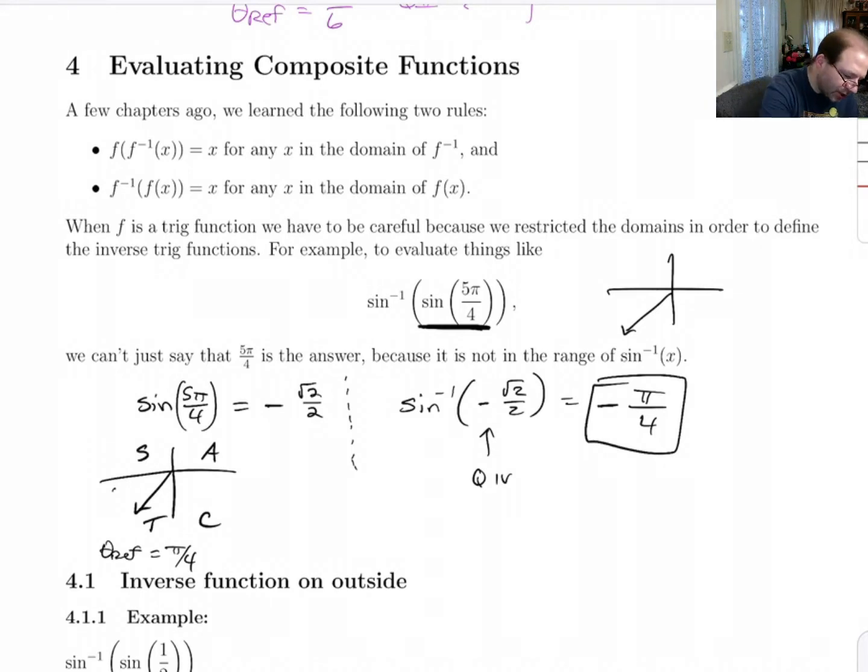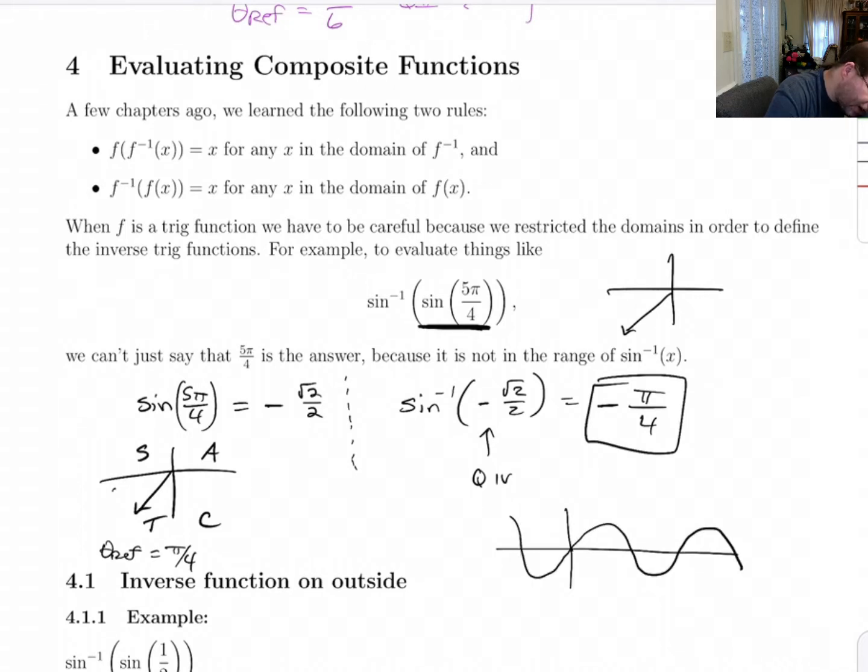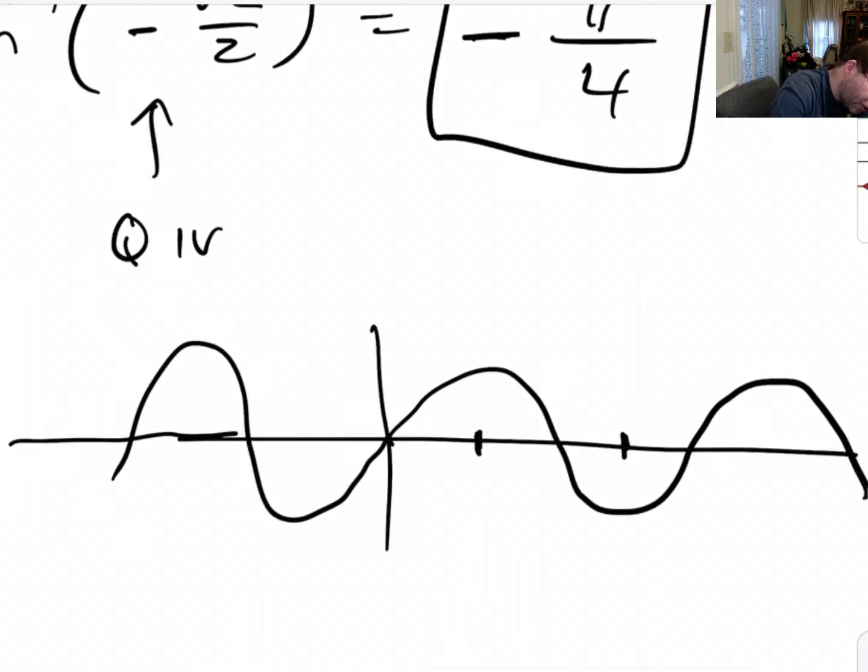Another way you could think about this is, we're looking at sine of 5 pi over 4. I'm going to draw the sine function. It crosses the axis at pi, this is 3 pi over 2, so 5 pi over 4 is going to be here.